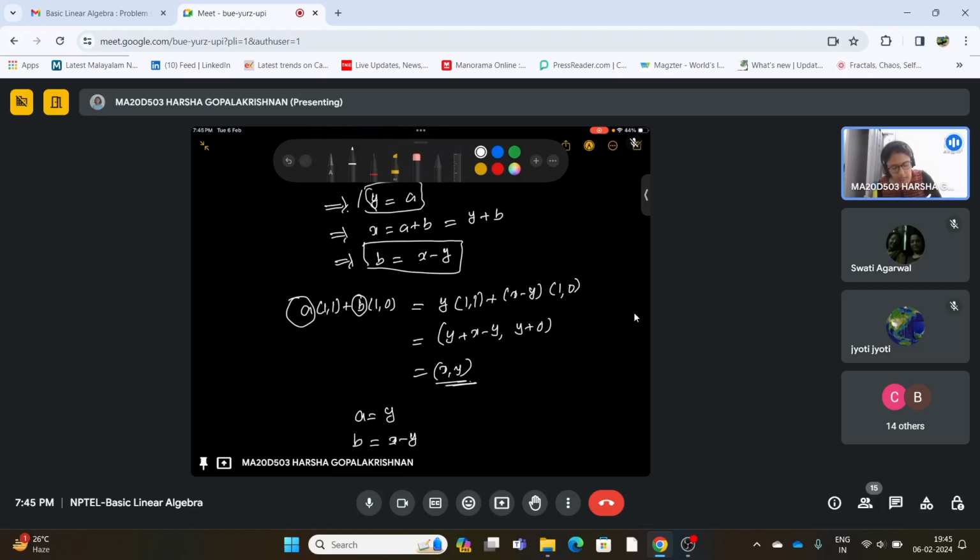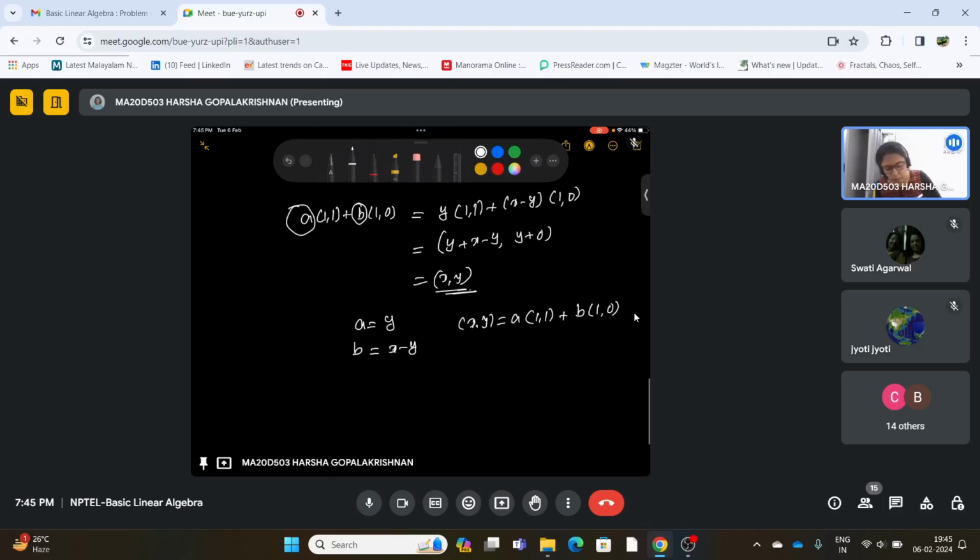For any (x, y), if I take the scalars a equals y and b equals x minus y, I can write (x, y) as a(1,1) + b(1,0). So the proper subset B1 of B itself spans the whole R2. A proper subset of B spans R2, so B is not a basis.